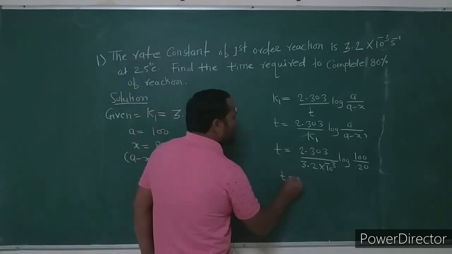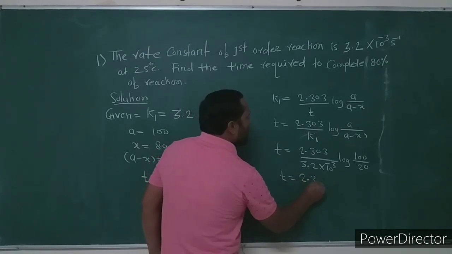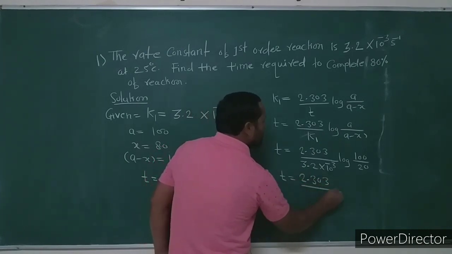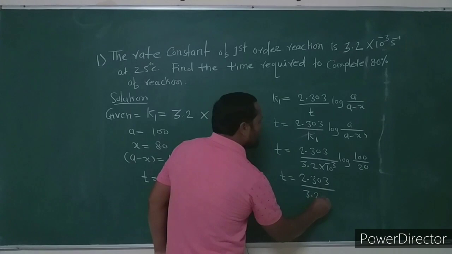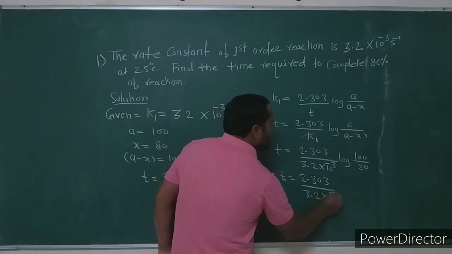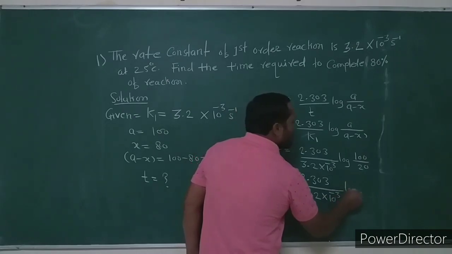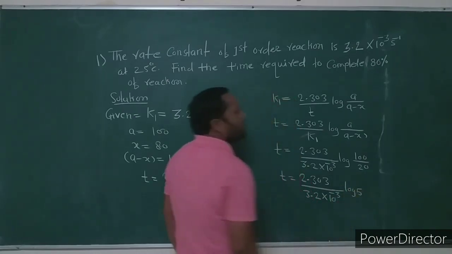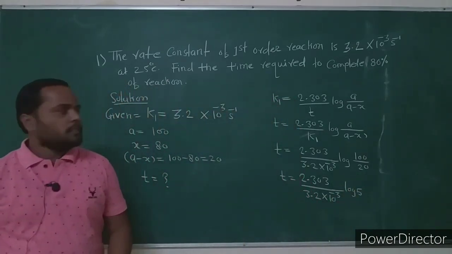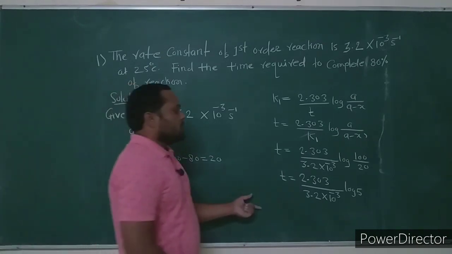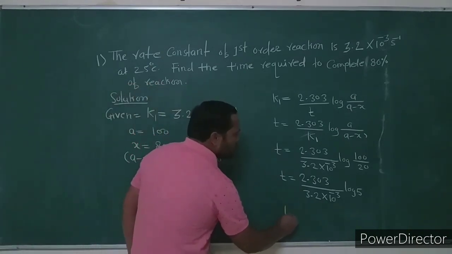Then T is equal to 2.303 divided by 3.2 into 10 raised to minus 3 log 5.